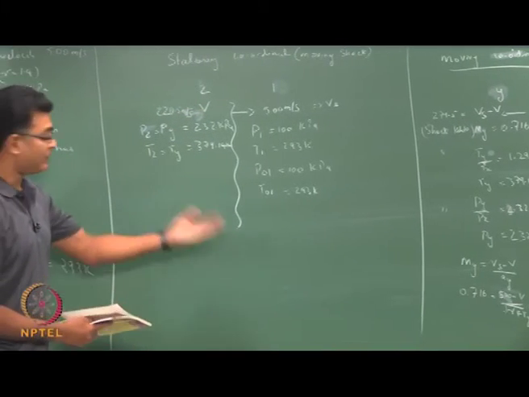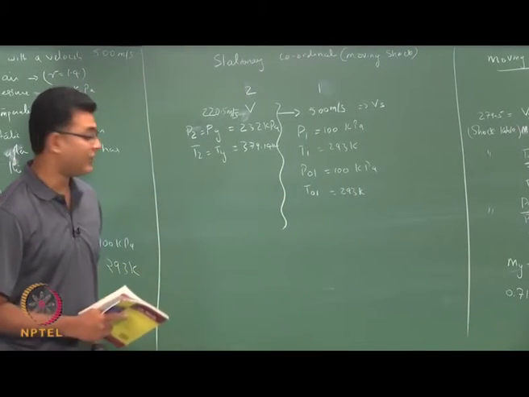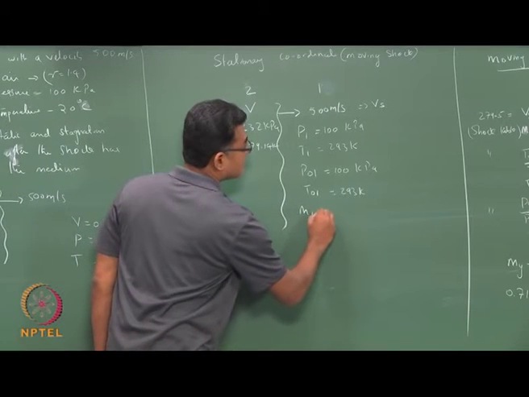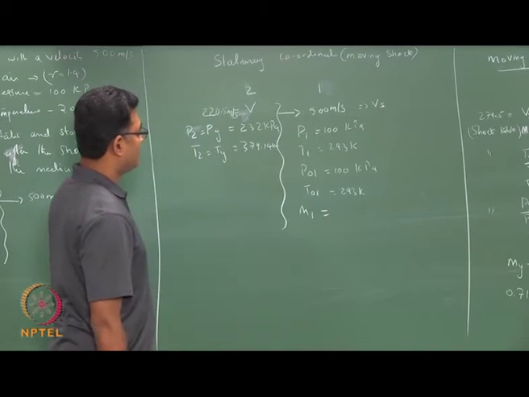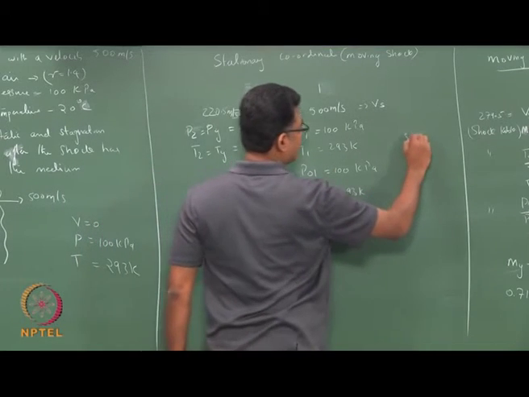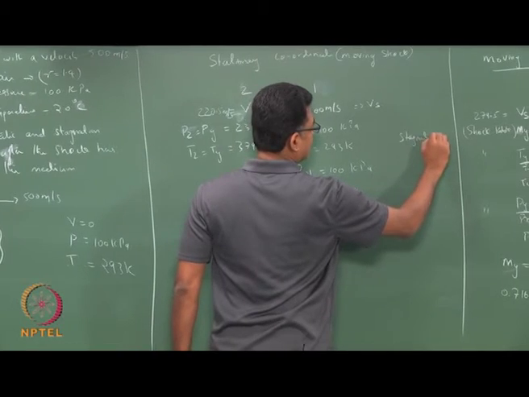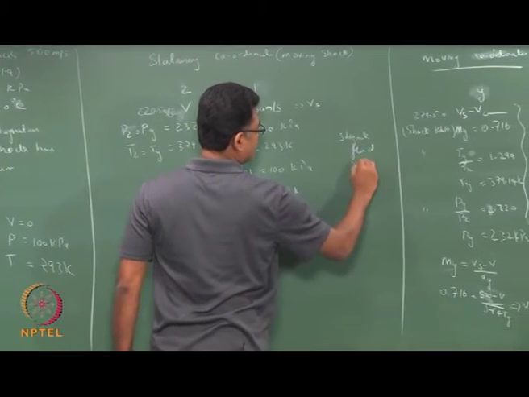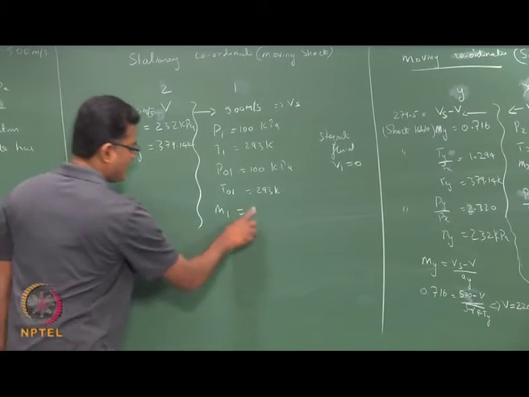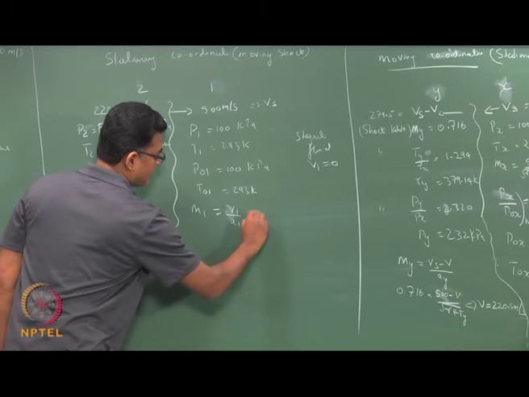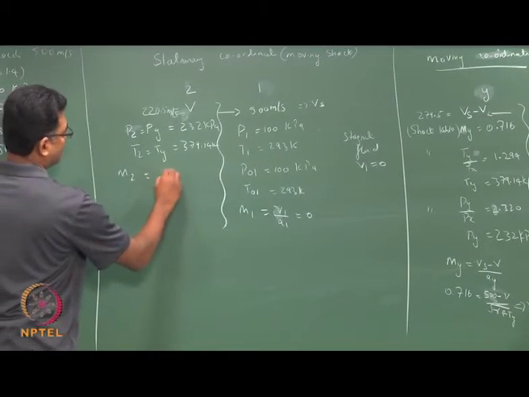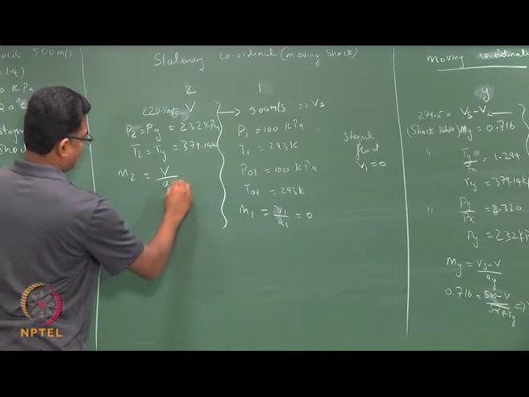Okay. So these things we have obtained from the other values, from which I can find my M1, which is 0 because my V1 is 0, stagnant fluid here. So V1 by A1 is 0, but my M2 is V by A2.